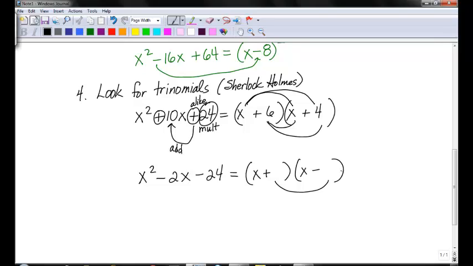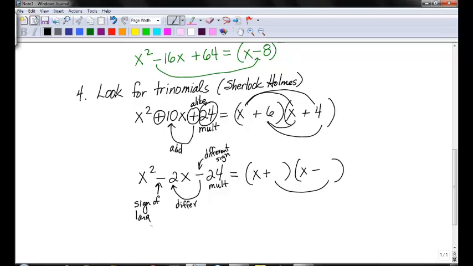They still multiply together to give me 24. If this is a minus sign, they differ by 2. Also, this tells me the signs are different. They differ by 2. And this is the sign of the larger one.